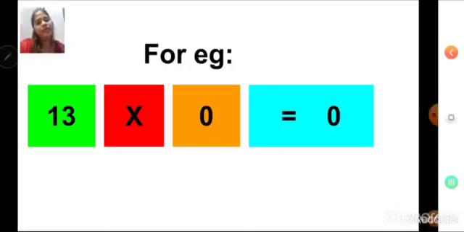Any number you can take. 2 into 0 is 0. Today we have done the 12's table, in which you observed that the first one I took was 12 multiplied by 0 is equal to 0. So any number multiplied by 0 is 0. So these all are the 3 multiplication facts.